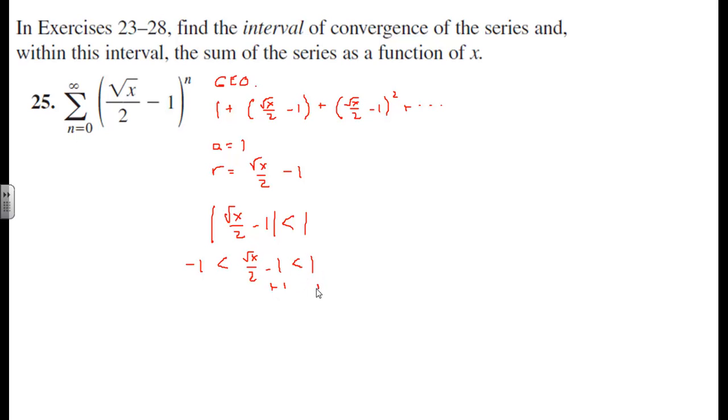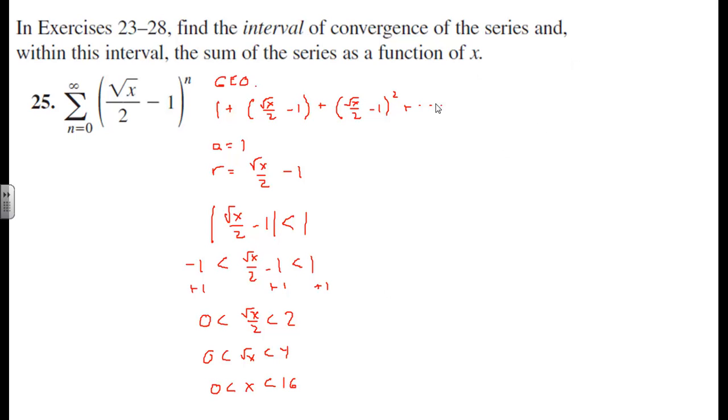Let's add 1 to all of these locations, and we get that the square root of x over 2 has to be between 0 and 2, or that if we multiply everything by 2, the square root of x is going to be between 0 and 4, or if we square everything, that x is between 0 and 16.